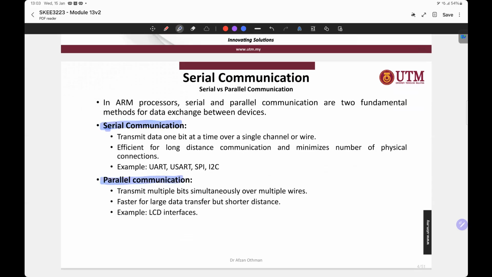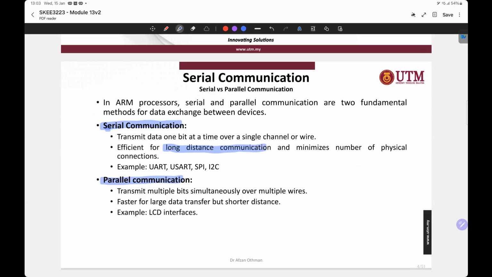So what is serial communication? Serial communication is used to transmit data one bit at a time over a single channel or wire. This is very efficient for long-distance communications and minimizes the number of physical connections.